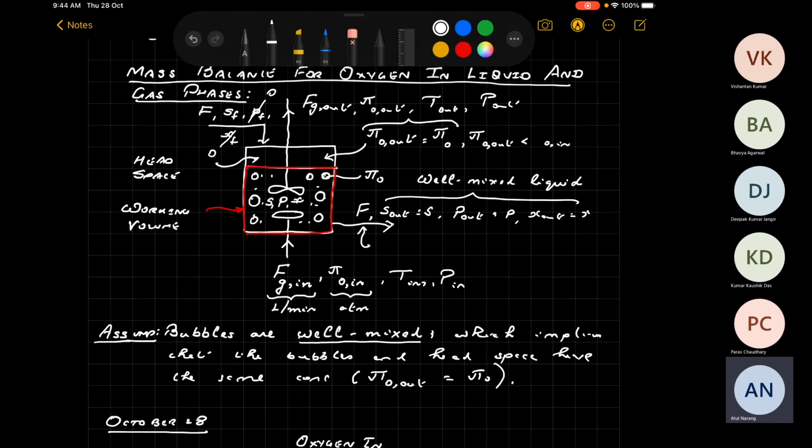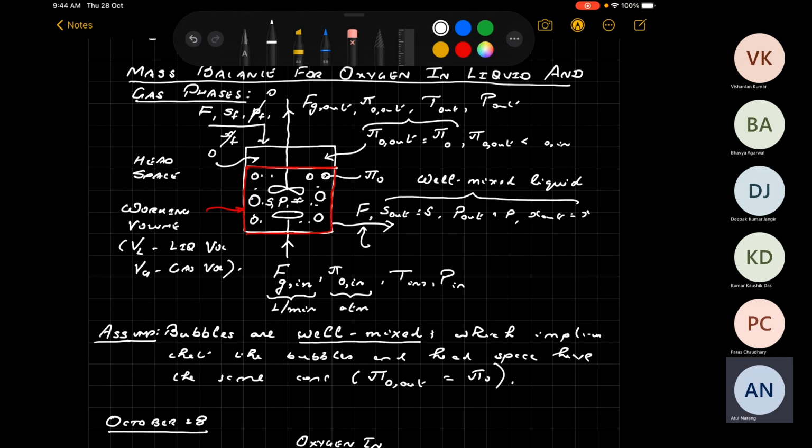The working volume of the reactor has both liquid and gas. I will assume that VL is the volume of the liquid and VG is the volume of the gas. I think I defined it last time when I talked about the gas holdup.